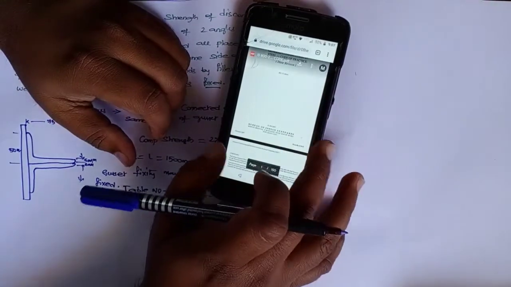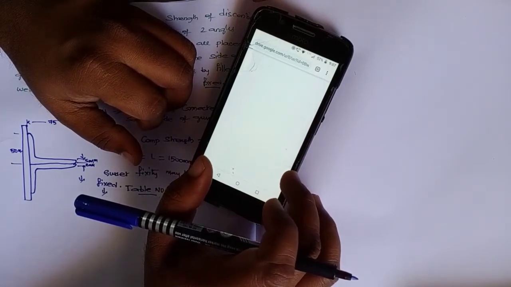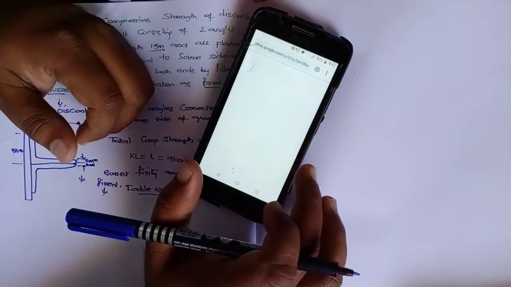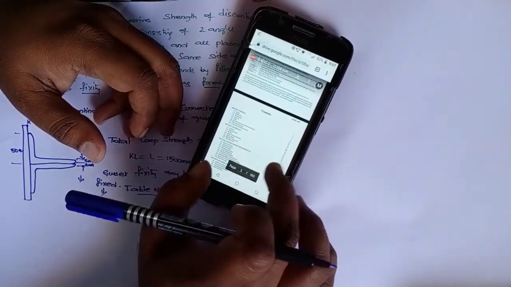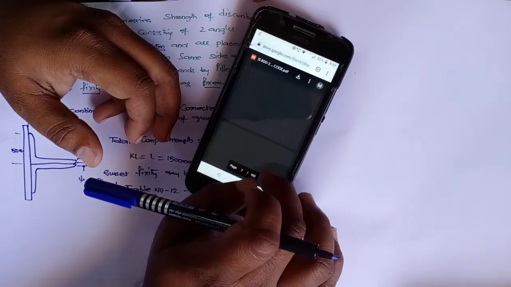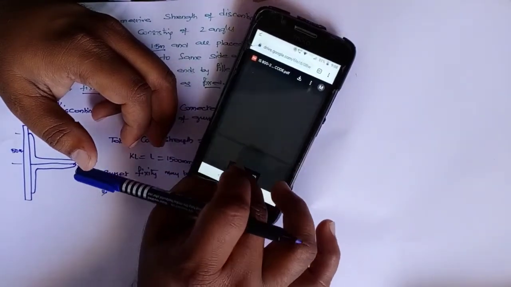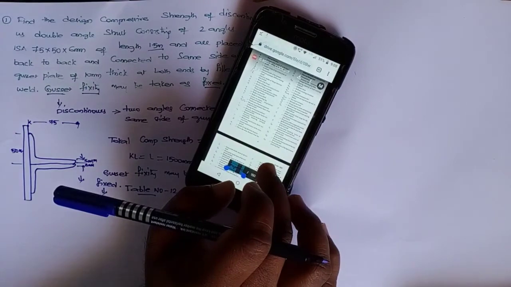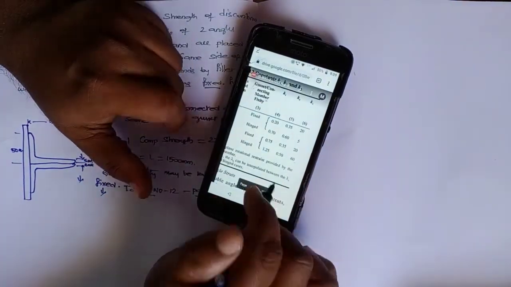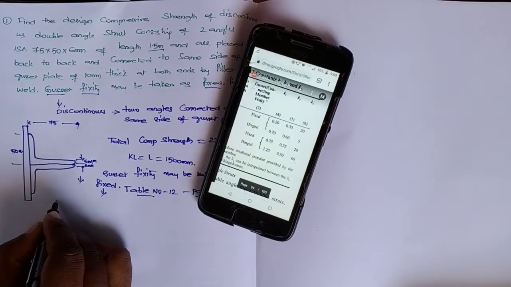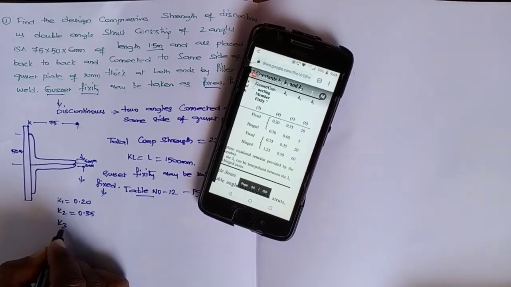Now if I visit table number 12, so here the gusset fixity values, if you take, here is for fixed condition, K1 is 0.20, K2 is 0.35 and K3 is 20.